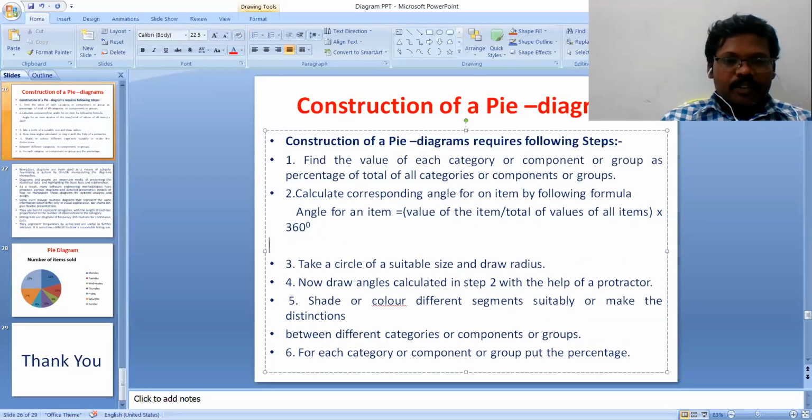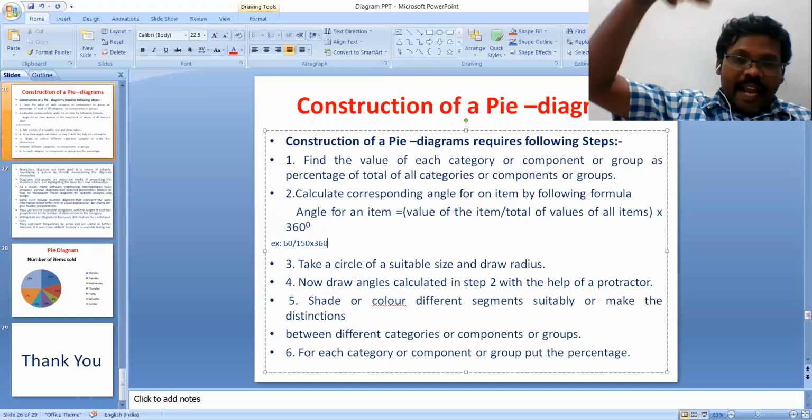For example, the value of a certain item is 60 and the total value is 150. Then we write 60 divided by 150, into 360, because it is converting into 360 degrees.